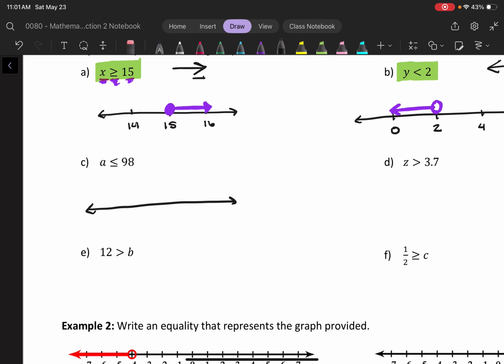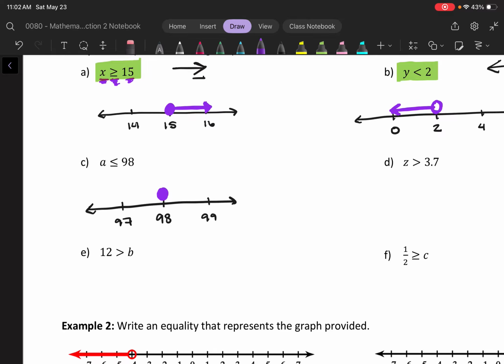I've got a is less than or equal to 98. So I've got 98, I've got 99, I've got 97. I am going to have a closed circle because there is an or equal to portion. You might notice that I tend to draw my arrows and my circles slightly above the number line. Not because that's what you're supposed to do. I would love to have it on the number line.